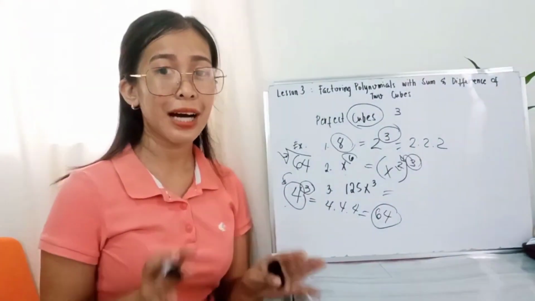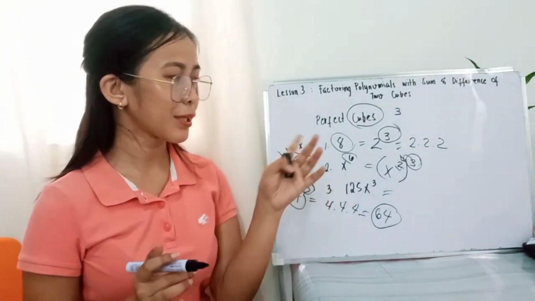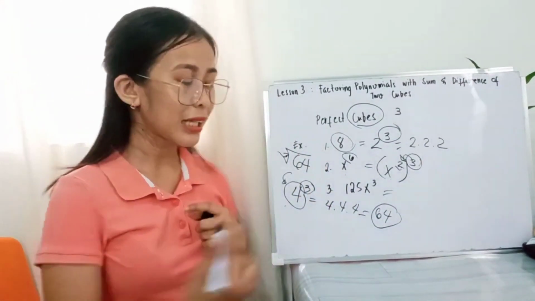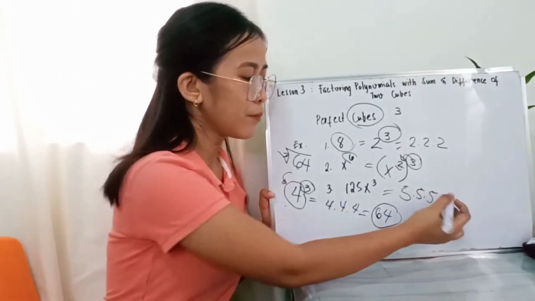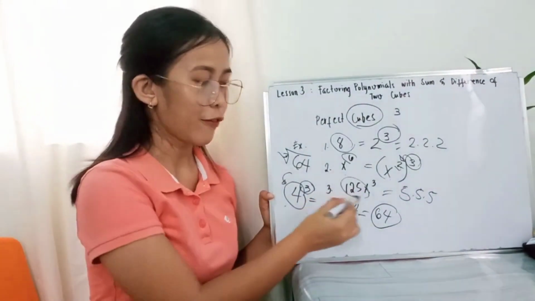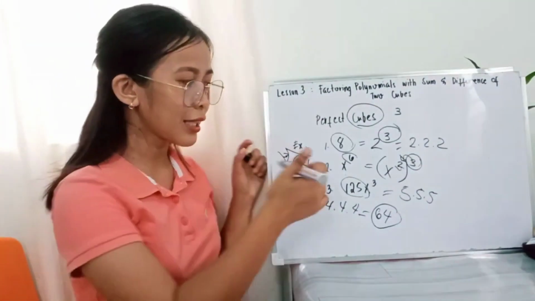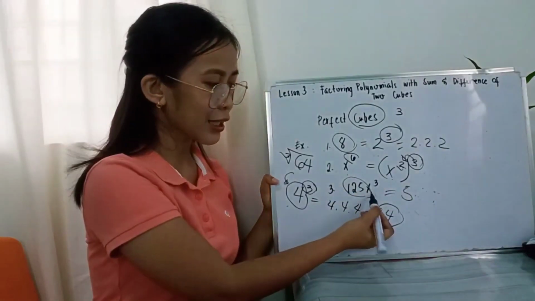So, yung root or pinaka-ugat. Okay? So, ano ba ang pinaka-root ni 125 para masabi natin siyang perfect cube? That is 5. Bakit? Kasi 5 times 5 times 5 is, of course, 125. Okay? And then, dahil nga meron na tayong 5, erase ko lang to. Yan. Siyempre, si x cubed naman.